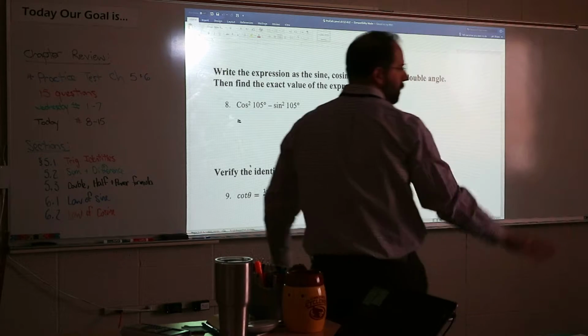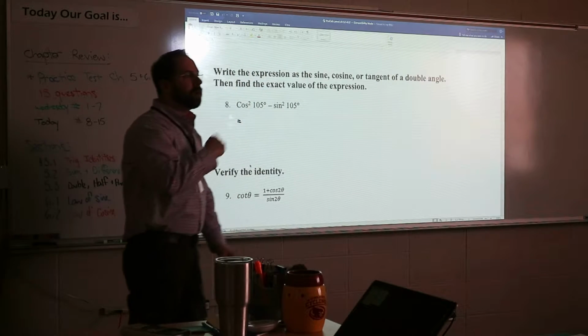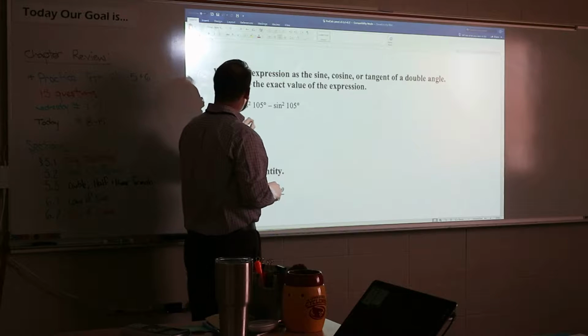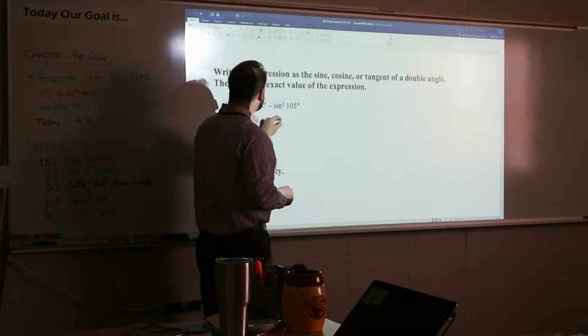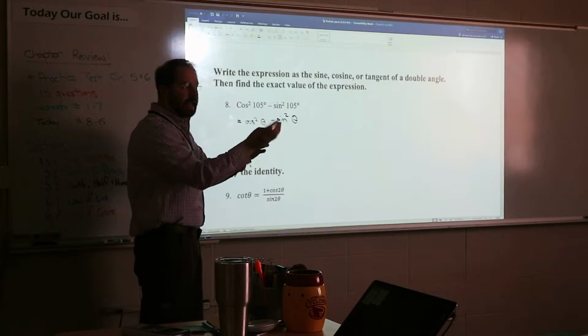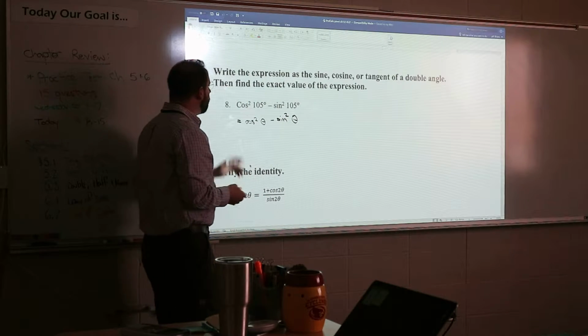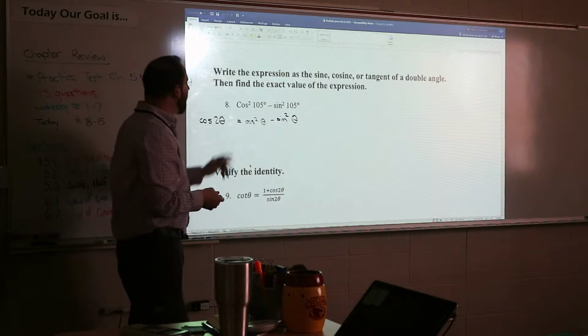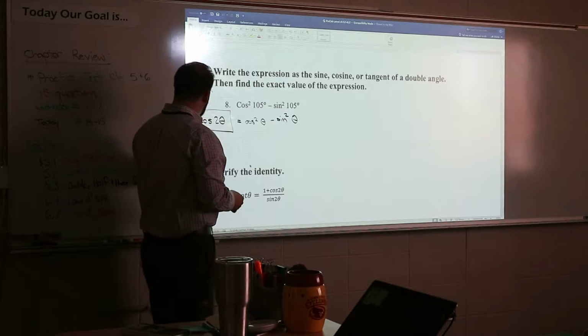Now, on this one in particular, this is a double angle. If you don't recognize it, it's cosine squared of an angle minus sine squared of an angle. This thing, if you look at that little handout that I was holding up, is equal to cosine of 2 times whatever that angle is. I want to go back to the original angle.